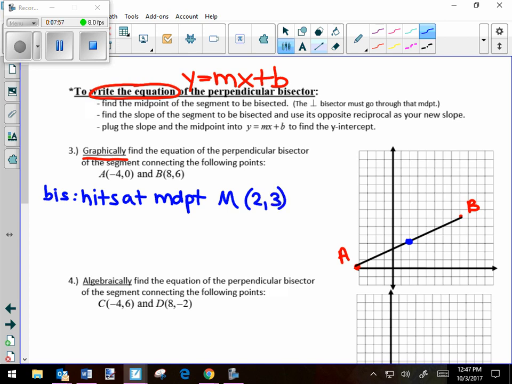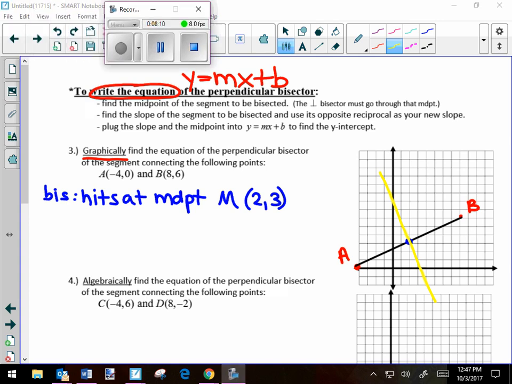If I'm thinking about this, and don't write this down because I'm going to erase it, what I'm noticing is I have to basically write the equation of this line, the line that looks like it bisects and is perpendicular to that. Now the other thing is that not only do I have to find the line that bisects this segment, I also have to find the equation of the line that's perpendicular to AB.